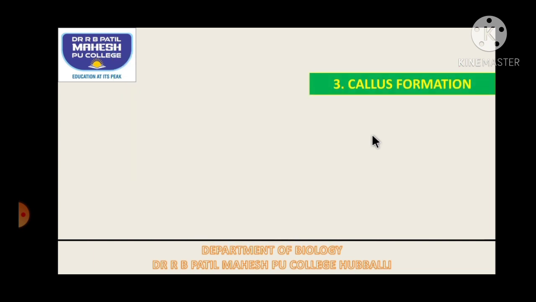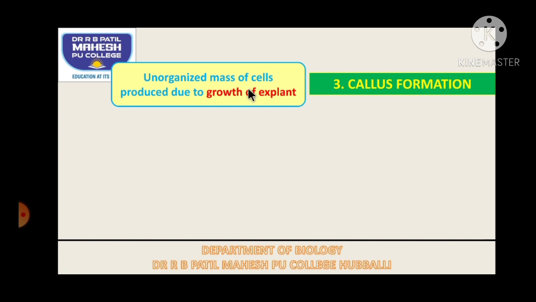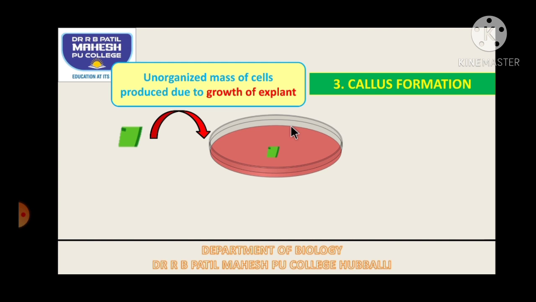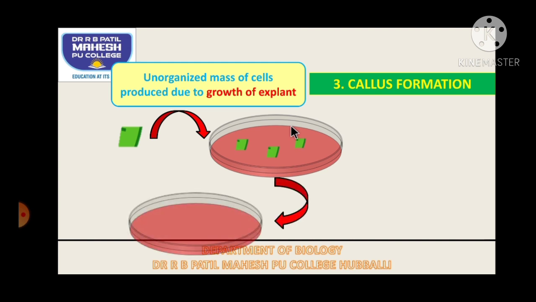Now, coming to the next one, that is callus formation. Once we do inoculation, that is, once we transfer the explant onto the nutrient medium, an unorganized mass of cells is produced due to growth of the explant. A single cell which was there will be converted into a mass of undifferentiated cells, and that process is called callus formation.